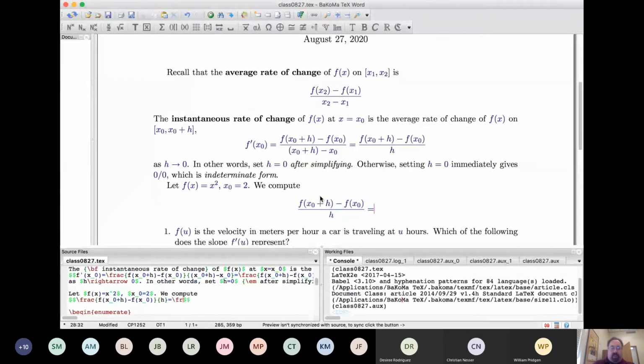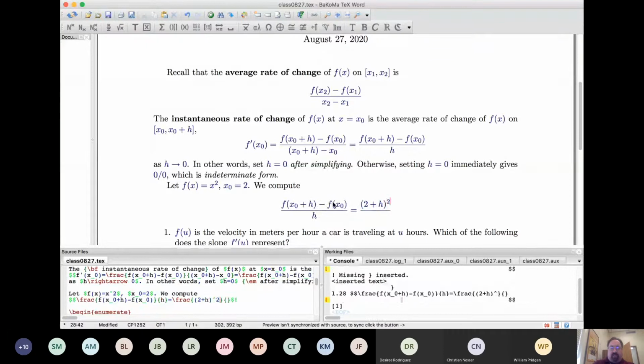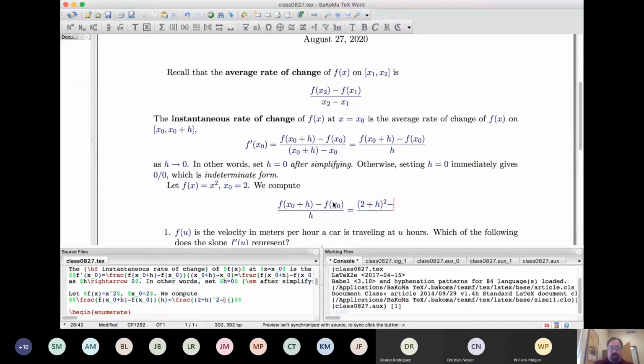So in this case, x naught is 2, your function is x squared, all over h.